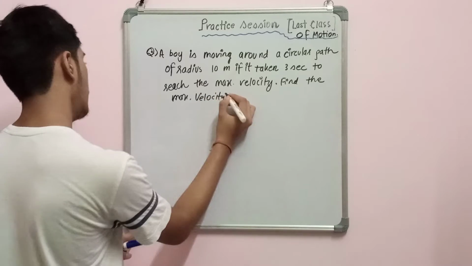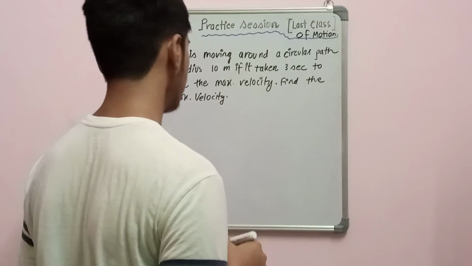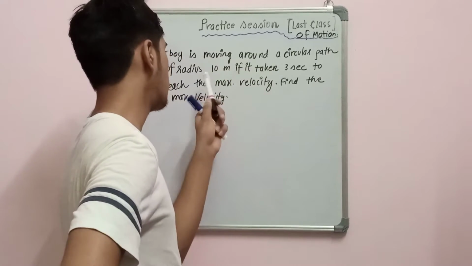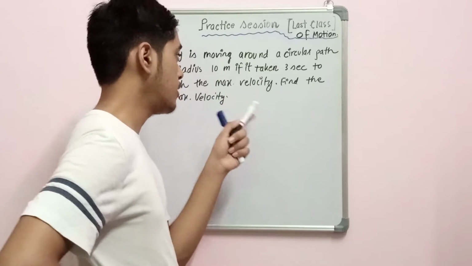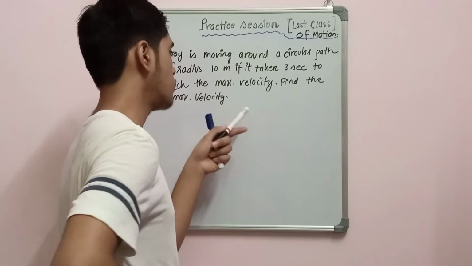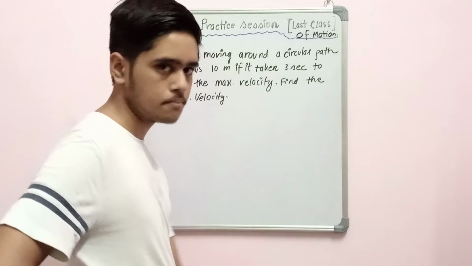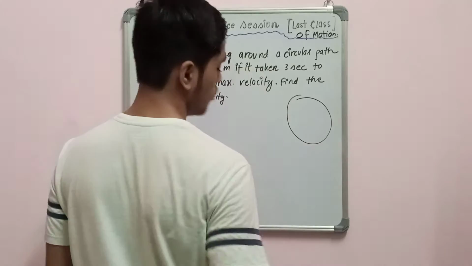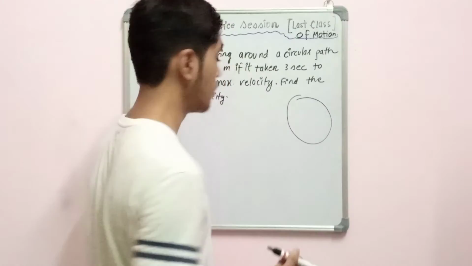The language looks complicated, but this is a very easy question. A body is moving around a circular path of radius 10 meter. If it takes 3 seconds to reach the maximum velocity, find the maximum velocity. Around a circle the motion is accelerated.